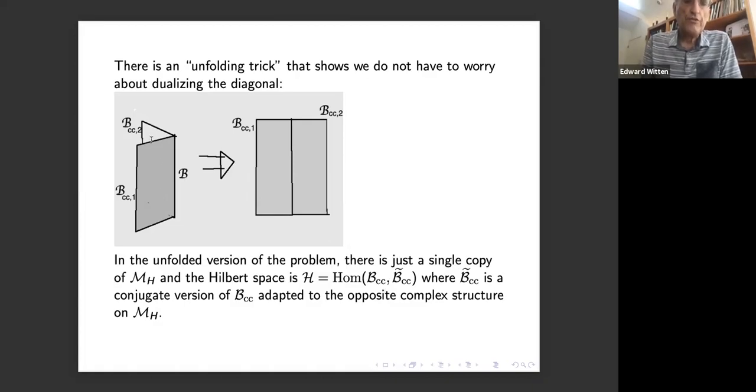We took two copies of Y, the Higgs bundle moduli space, and we considered the A model of the product of two copies. So apart from the boundary conditions, it was decoupled. On the left boundary, we have these boundary conditions B_cc1 and B_cc2, which are still a product. On the right boundary, we have the other brane B supported on the diagonal.